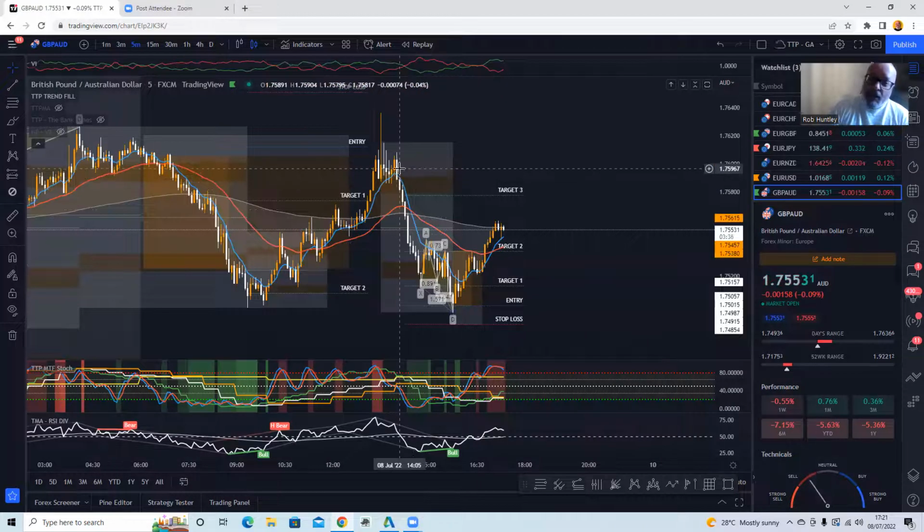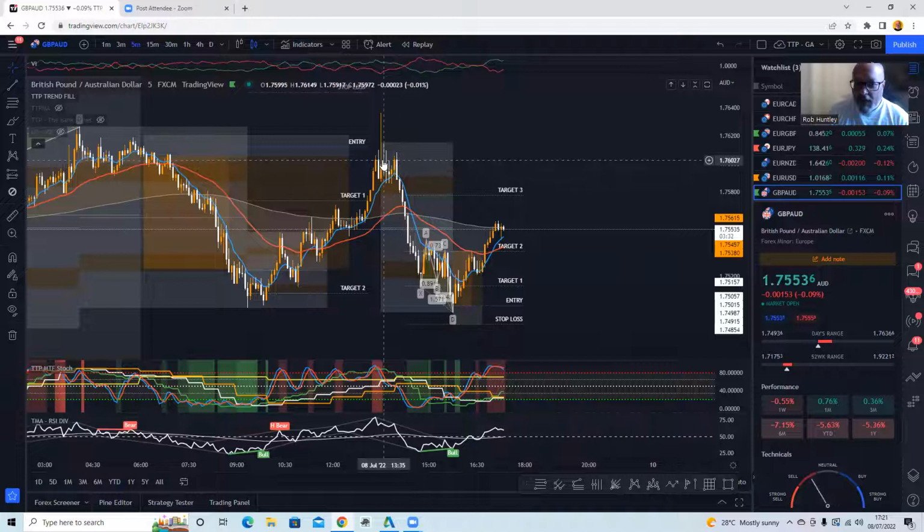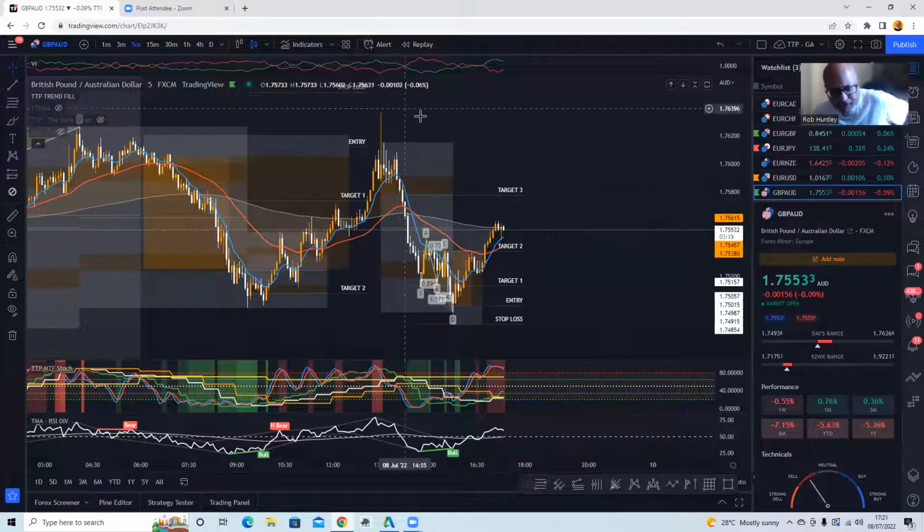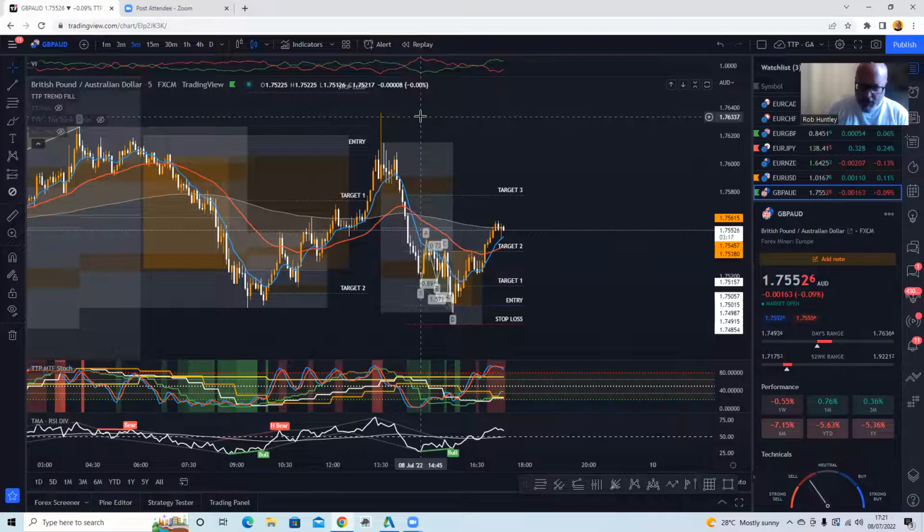Now I went a bit silly because I had placed a sell position, because I was expecting price to start coming down. NFP was imminent, and it shot up, and I think, I said shot up, it's not really a huge amount.